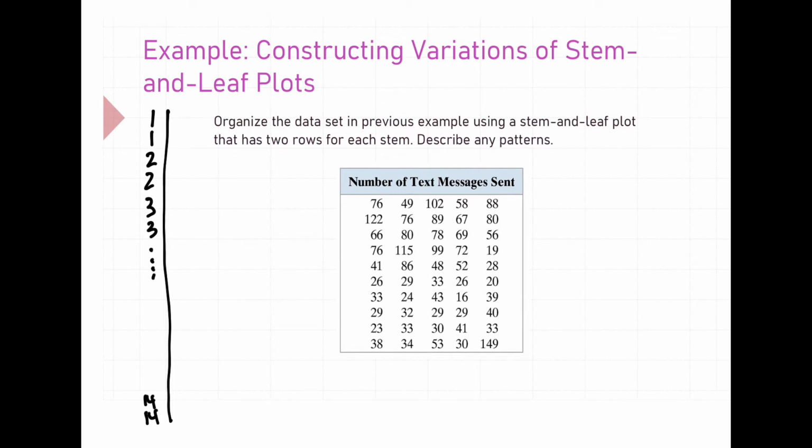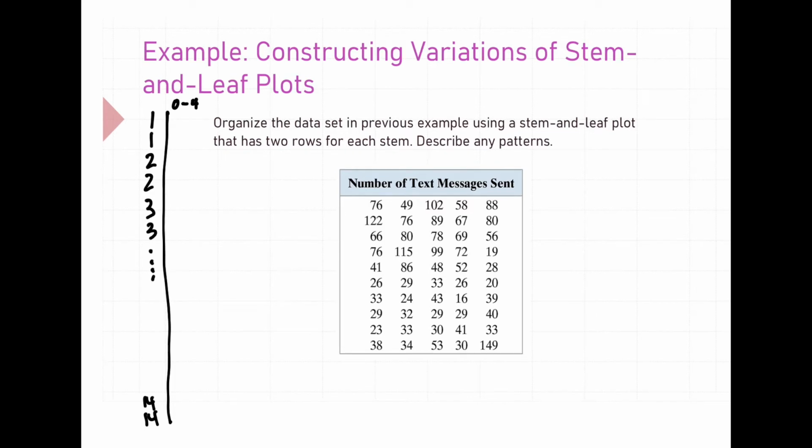And the first one, like this, would be 10 through 4. So, 10 through 14. And then here we would have 5 through 9.